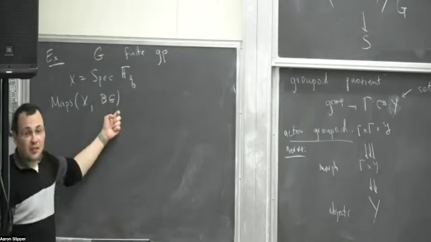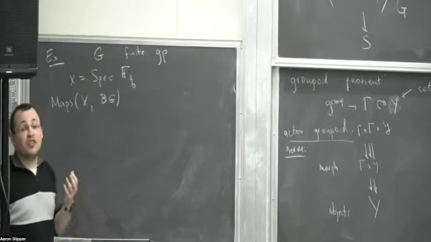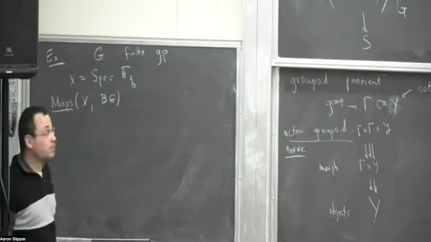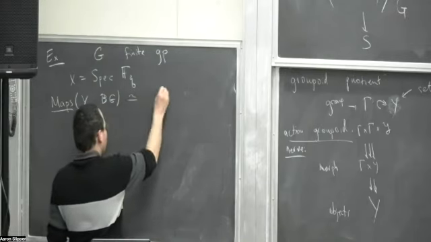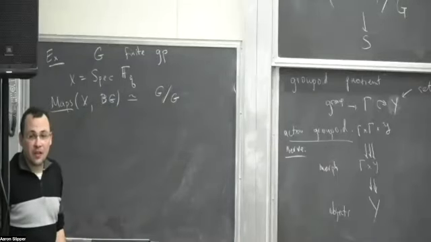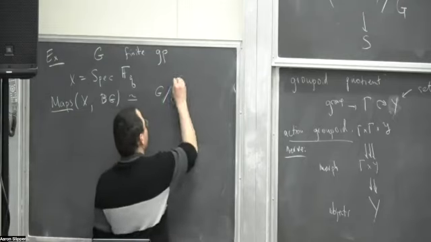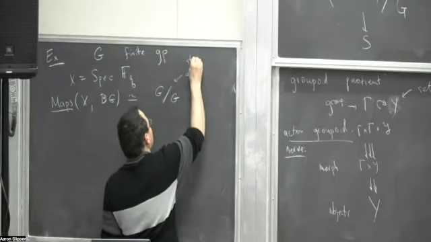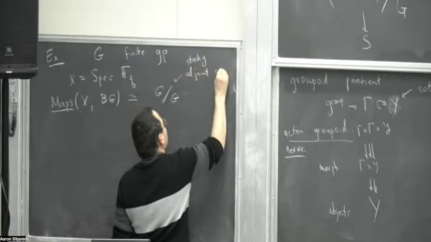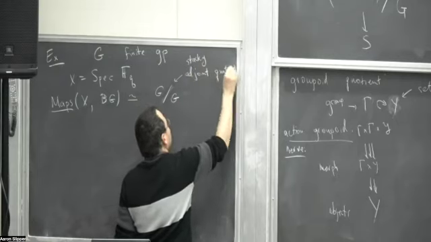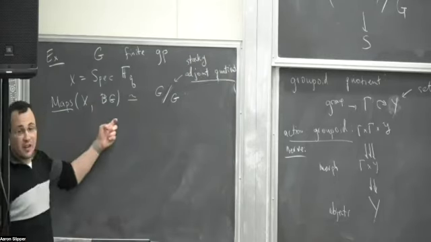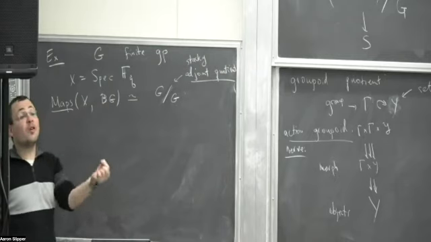Nevertheless, when you take this classifying stack, precisely because you've sheafified, what you get, I'm even going to do this internal maps, is the quotient of G by itself via the adjoint action. So this is the adjoint quotient. So an F_q point of BG has more than one point.